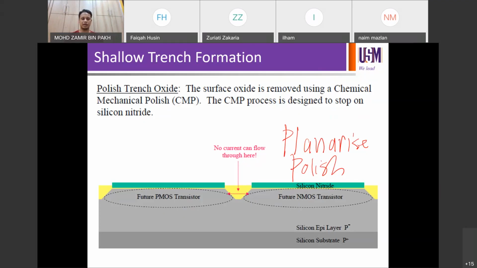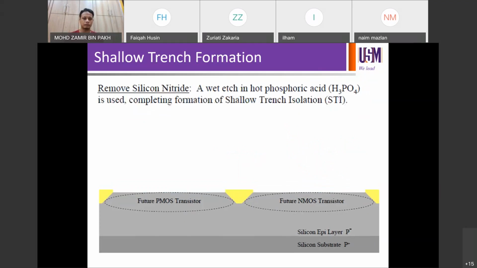So now you can see that your future PMOS on the left hand side and future NMOS on the right hand side are now isolated by using oxide from CVD, already polished. Done. Next, you remove the nitride there. You remove the nitride with a wet etch in hot phosphoric acid, right? Tadi kita buat RIE kan?